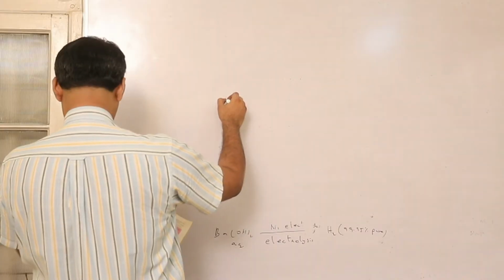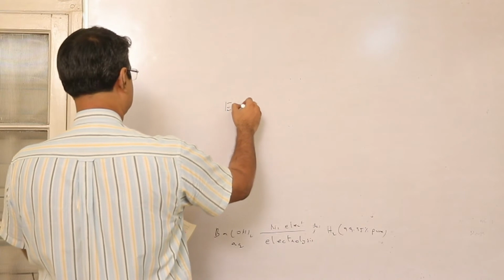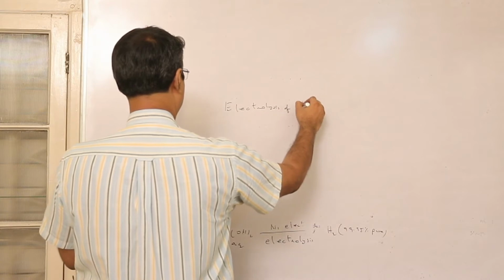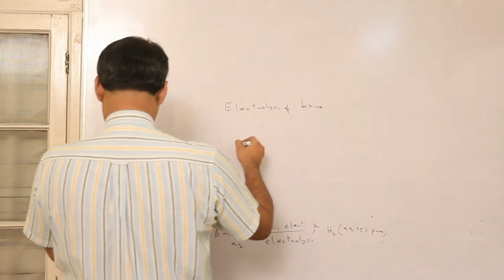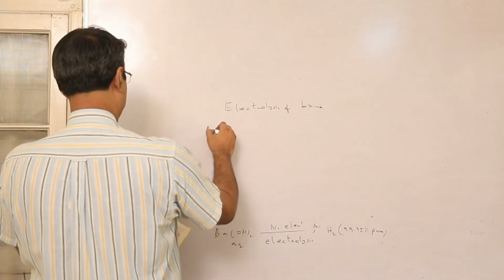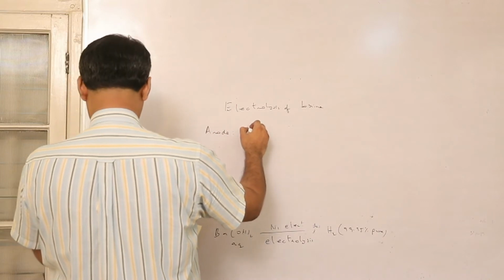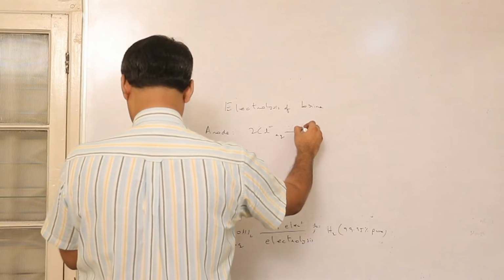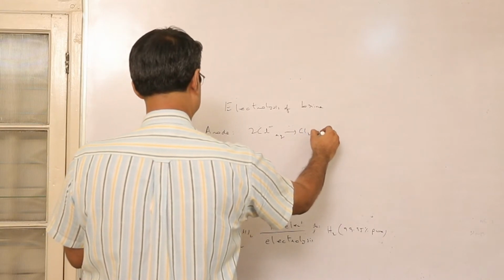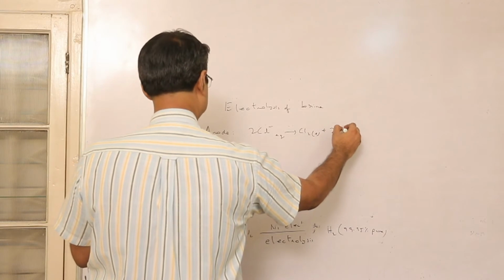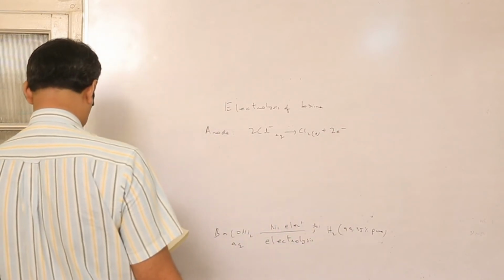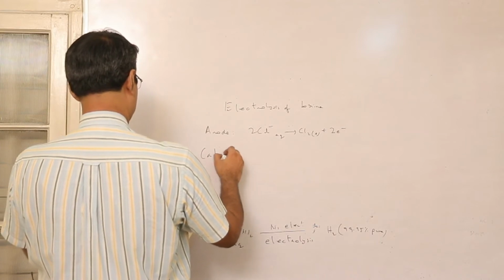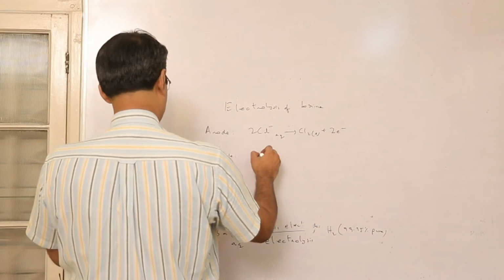Now, if you perform electrolysis of brine, then during the electrolysis of brine, these are the reactions at cathode and anode.